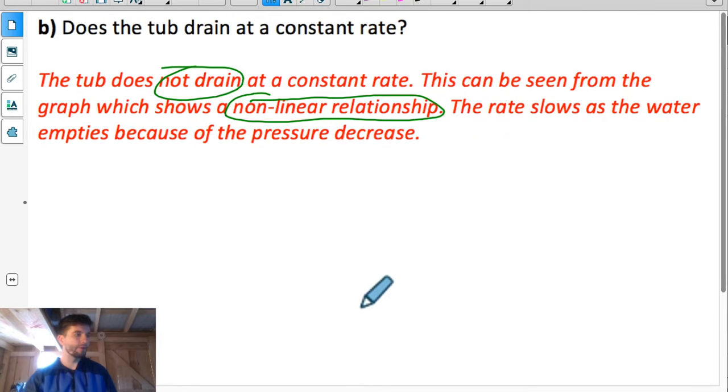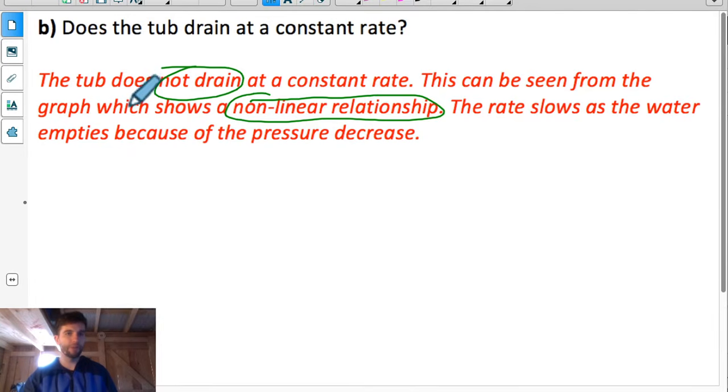If you think about it, there's 1,600 liters of water in that tub at the beginning. So that's putting a lot of pressure to get the water out. As the water drains, the weight of the water is causing less pressure pushing the water out. So that's why the rate slows as the water empties, because the pressure from the weight of the water is decreasing as there's less water in the hot tub.